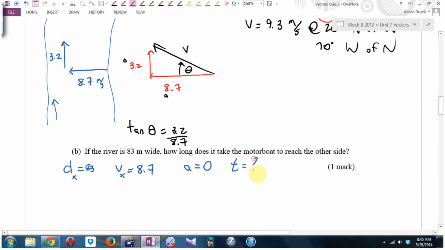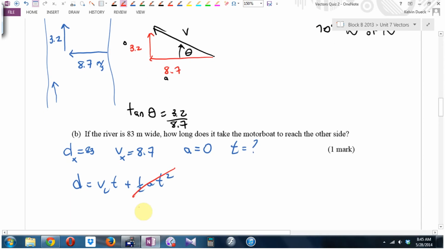T equals, hey, there is an equation that has those in it. It goes like this: d equals vit plus a half at squared. But because a is 0, we can simplify. Actually it's dx and vx because they're in the same direction. How would I get the t by itself? I'd divide by the v.